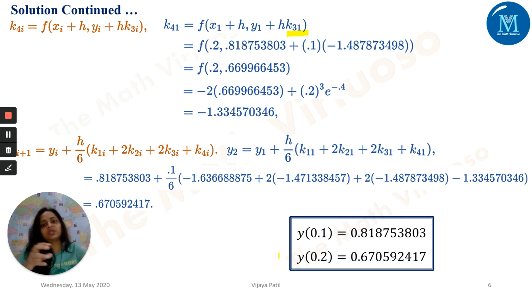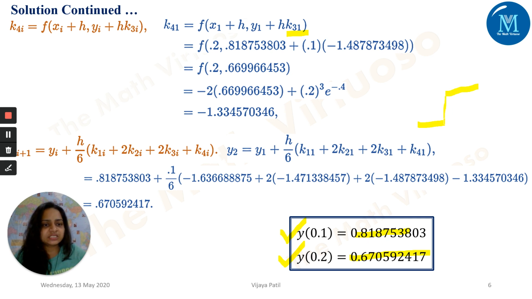Whatever question they asked, the ordinary differential equation was given, and I had to use the IVP, the initial value problem, to find the approximate value of y at x equals 0.1, which we calculated, and then the value of y at x equals 0.2, which is 0.6705.